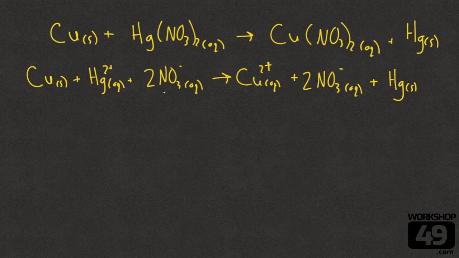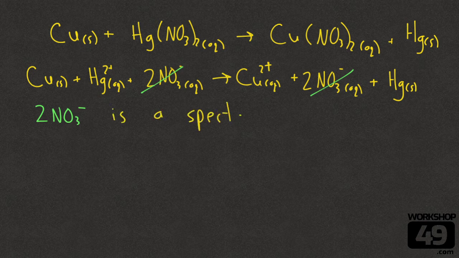We have 2 nitrates on the left. We have 2 nitrates on the right. We can go ahead and cancel those out because that 2NO3 minus is a spectator ion. It is not actually part of this reaction. We can cancel that out.